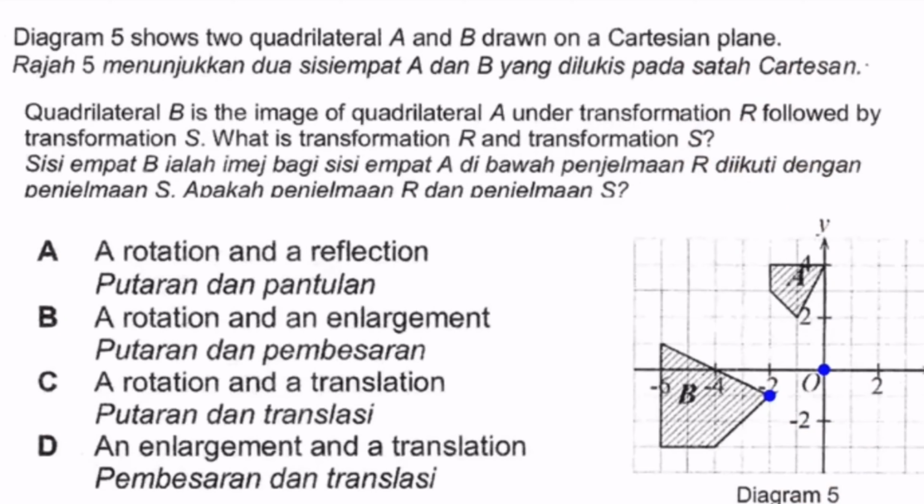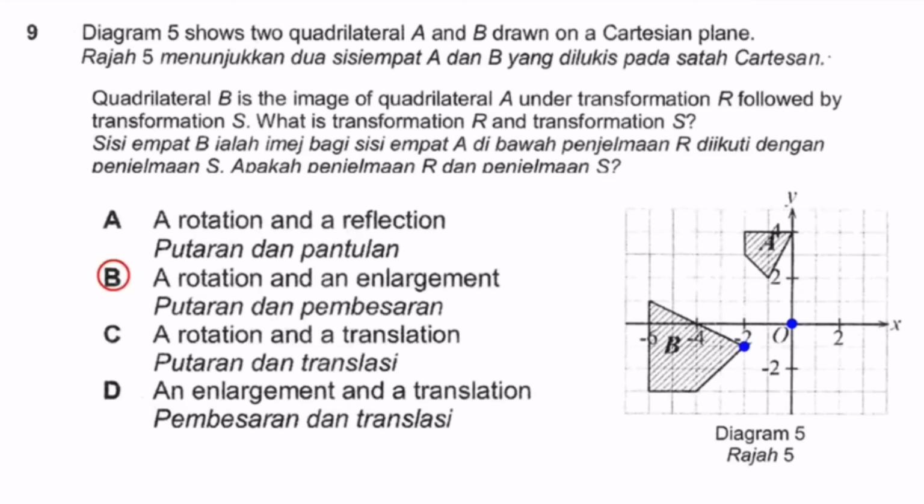These are two quadrilaterals A and B drawn on a Cartesian plane. Quadrilateral B is the image of quadrilateral A under transformation R followed by transformation S. What is transformation R and transformation S?